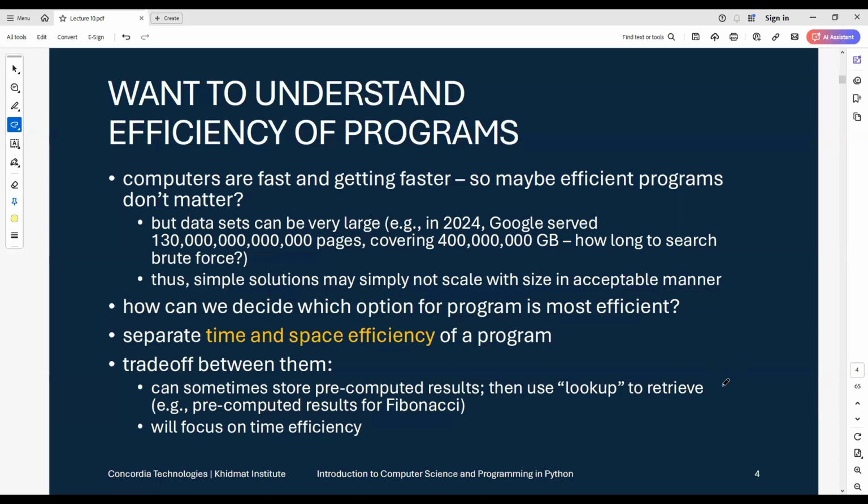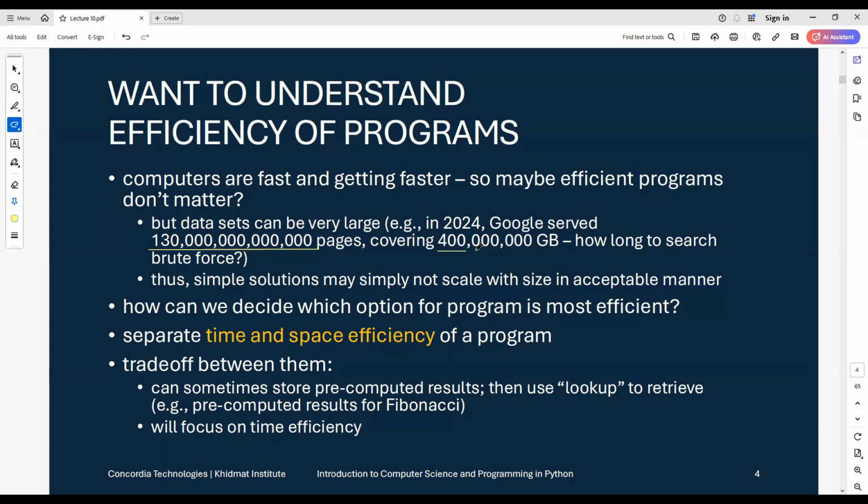And the reason for that is that as computers are becoming faster, the amount of data that they have to deal with is also growing abnormally large. For example, last year, Google served about 130 trillion pages in searches. That's the amount of web pages that it has to go through when providing results to any user for a particular search.